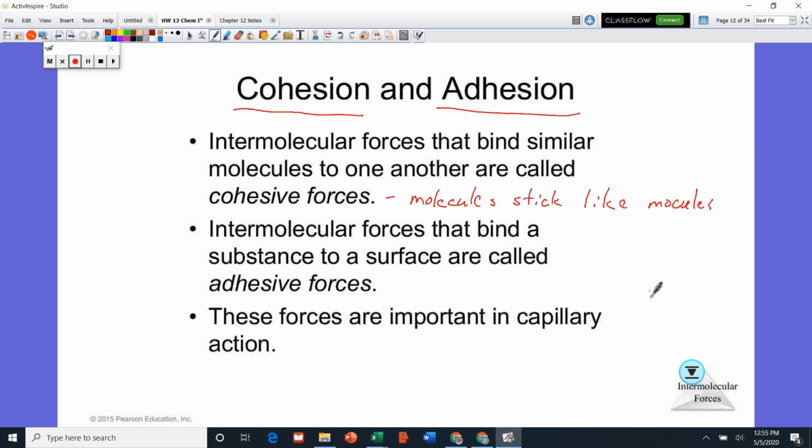Intermolecular forces that bind a substance to a surface are called adhesive forces. Think about tapes and glues, which are called adhesives. They allow something to stick to something else. So this would be the idea that the molecule wants to stick to the container.